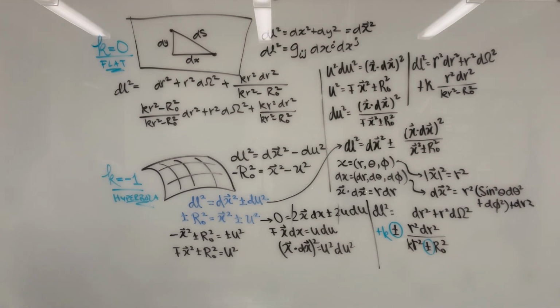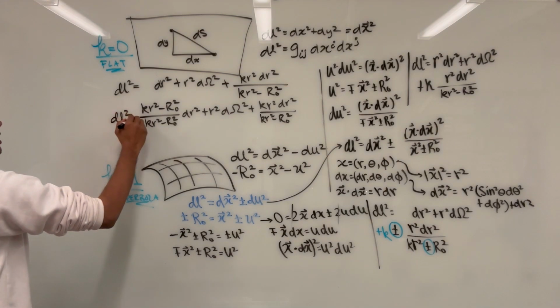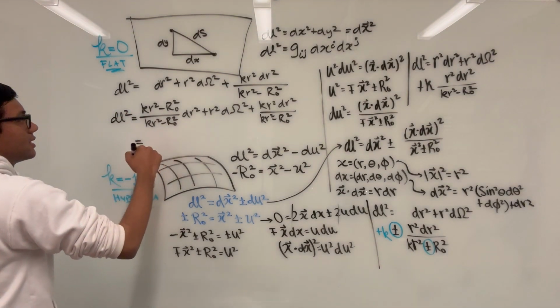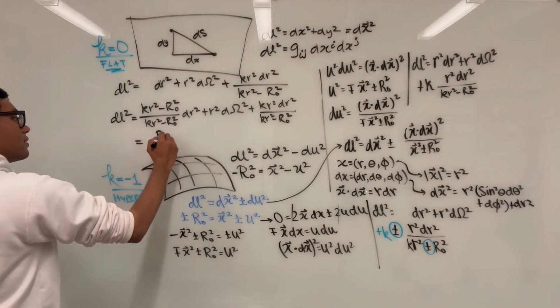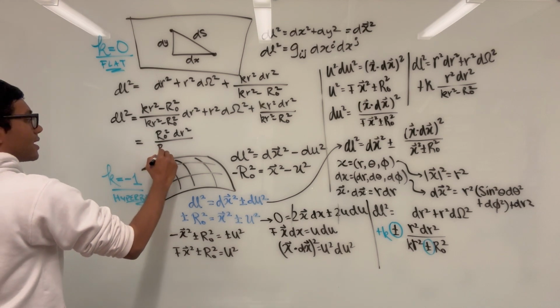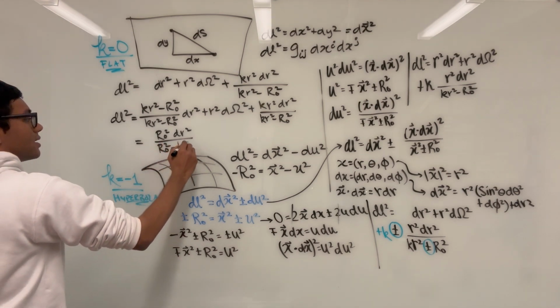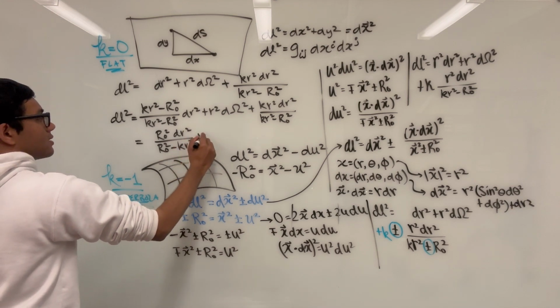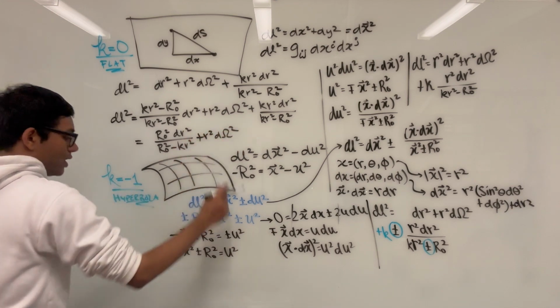I'm getting some funny results because I should have a minus sign somewhere, and I'm missing a minus sign essentially. But if I carry this through, I'll get r naught squared dr squared over something like r naught squared minus kr squared, and then plus r squared d sigma squared.